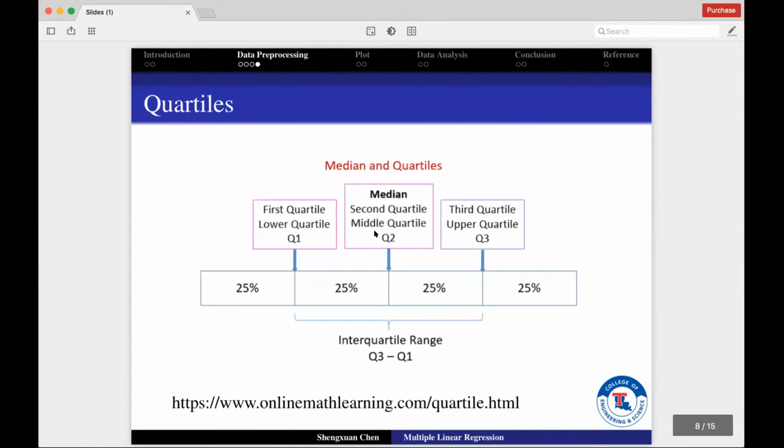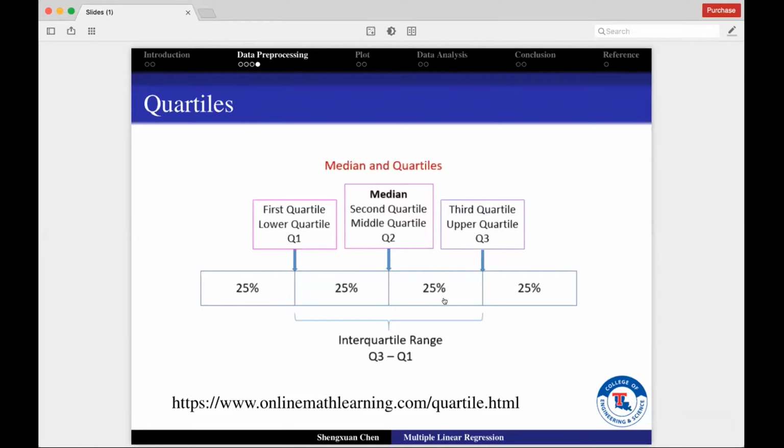So the quartile method defines the data which are more than 1.5 times the interquartile range above the upper quartile or below the lower quartile as outliers. So these two parts are outliers.